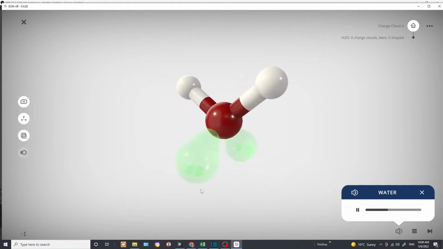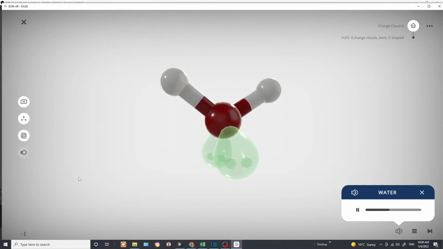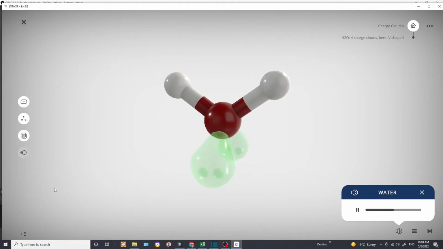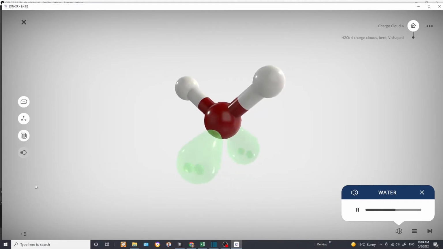But when we look at the molecular structure, we cannot see those lone pairs, and the molecular geometry is bent. Those charge clouds are not part of the molecular geometry, but they do affect the molecular geometry. Without those charge clouds, our geometry would have been linear. But with the charge clouds, our molecular geometry is bent or V-shaped.